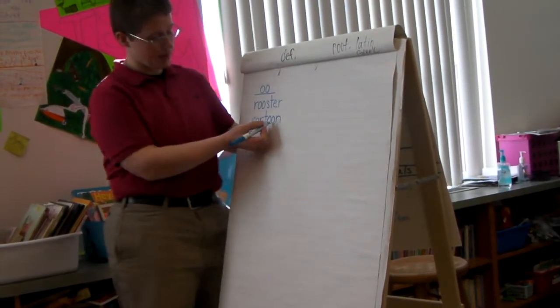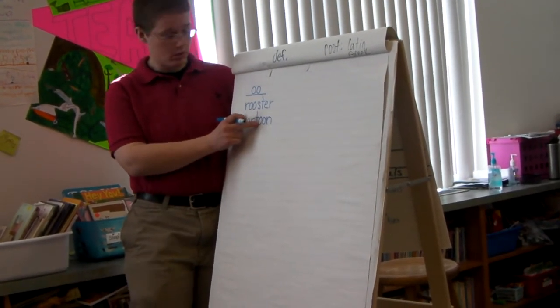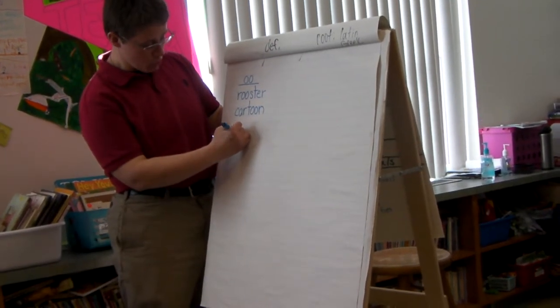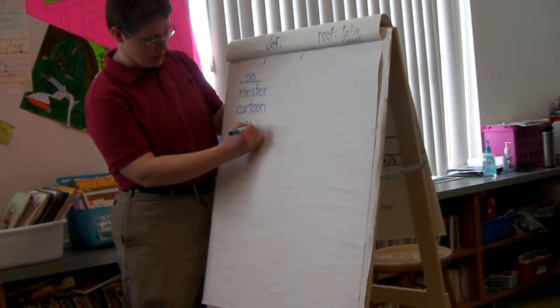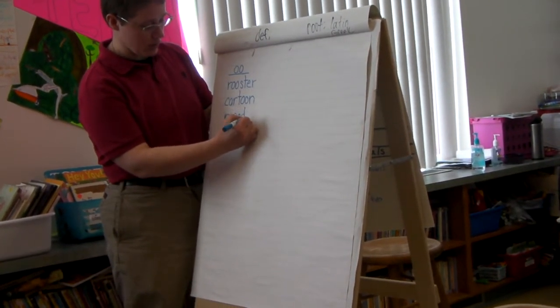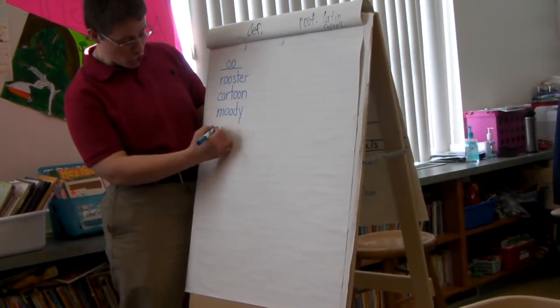But you have to know that this makes an OO. So we've got rooster, we've got cartoon, we've got moody. Maybe you're not in a very good mood, or you change moods pretty quickly. You're moody. Alright, we've got toothache.